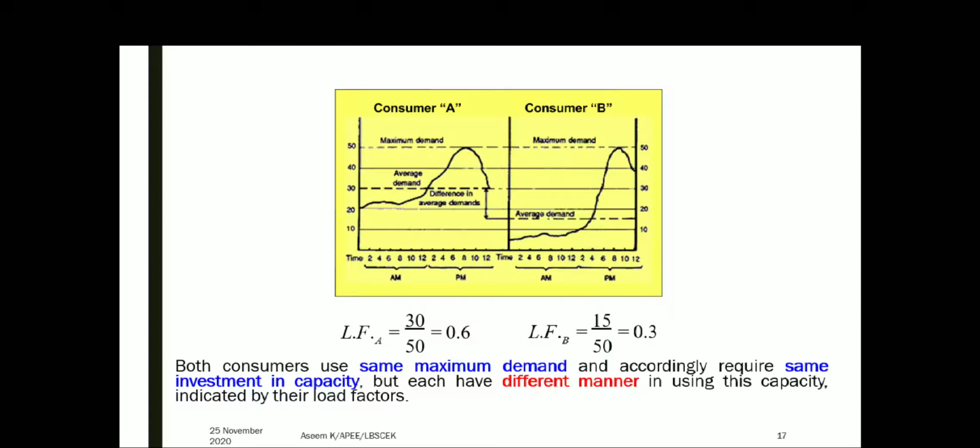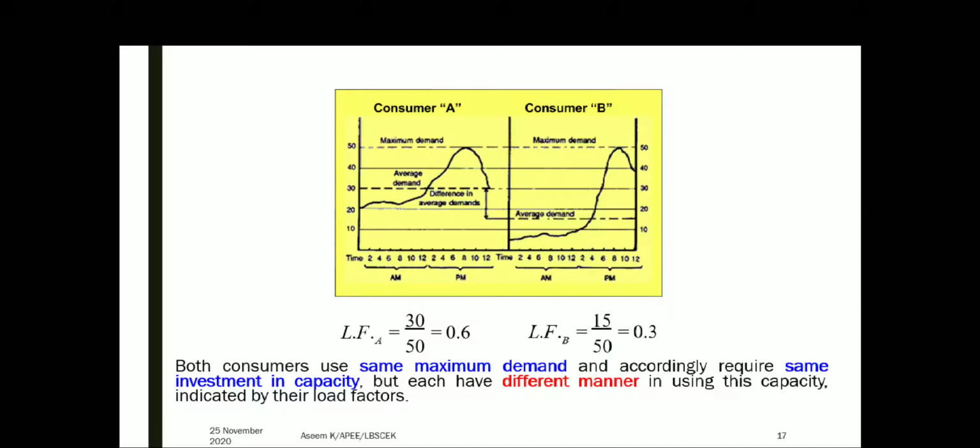Suppose there are two consumers, consumer A and consumer B, and their load curves are shown here, and you can find out the load factor. Load factor is the ratio between average load and the maximum demand. From these two load curves you can see that the maximum demand of consumer A is 50 and the maximum demand of consumer B is also 50.